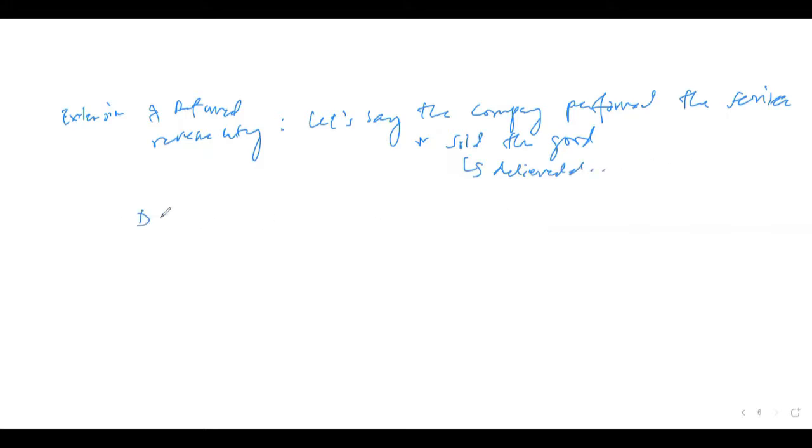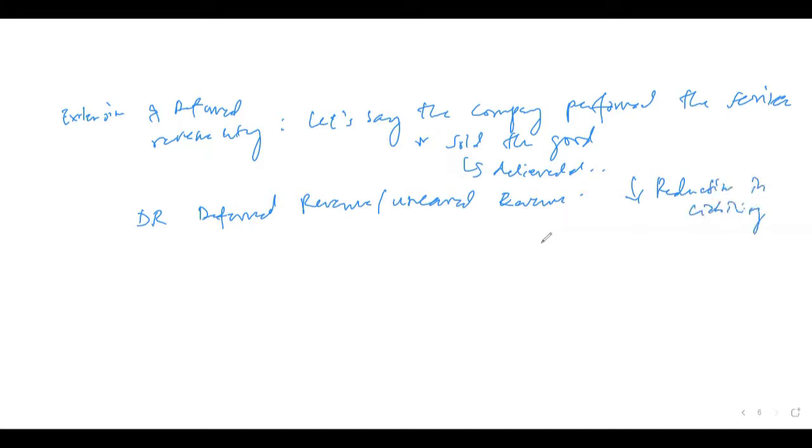Therefore, the entry there would be debit deferred revenue, or the unearned revenue, because you have to reduce the liability. This is a reduction in liability, because the company has either delivered the service, delivered the good, or performed the service, and then credit would be revenue. So this is basically for recognizing the revenue.